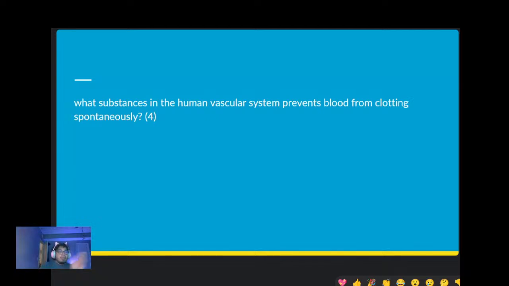Then coagulation. Next is clot retraction and repair. Sorry, I forgot to add repair. And lastly is fibrinolysis.